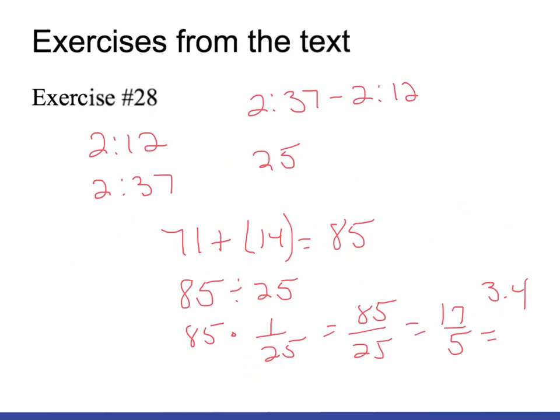But let's think about it. Was it positive or negative? What did it say? It says that it decreased every minute. So we know that this was going to be a negative, so I'm going to go back in here and put a negative. So for 25 minutes, it decreased. So negative 3.4 degrees per minute is what it decreased.